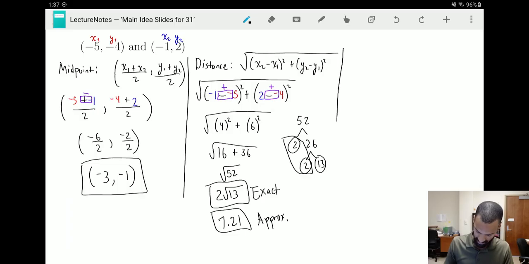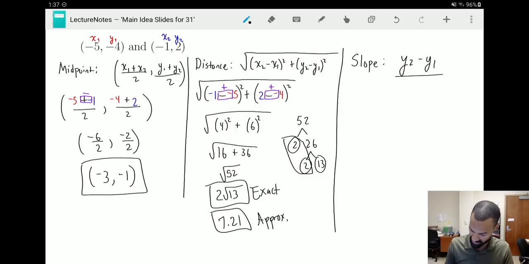Finally, let's find the slope. Now remember, the slope, subtract the y values, find the difference in the y values, find the difference in the x values, and find the ratio between the differences. So y2 is 2, y1 is negative 4, x2 is negative 1, x1 is negative 5.